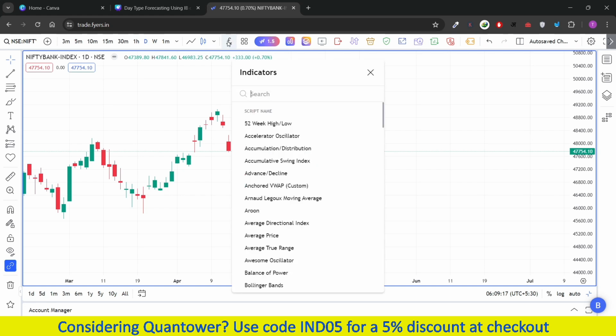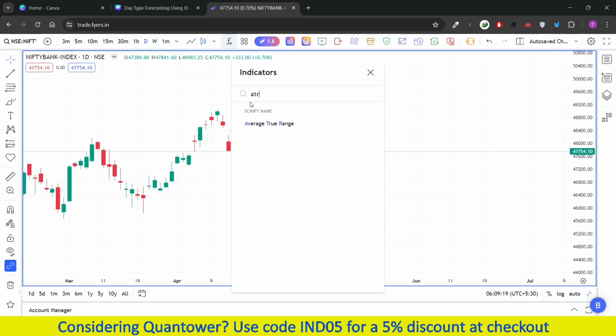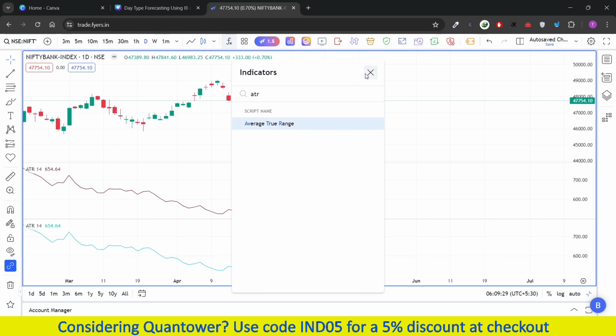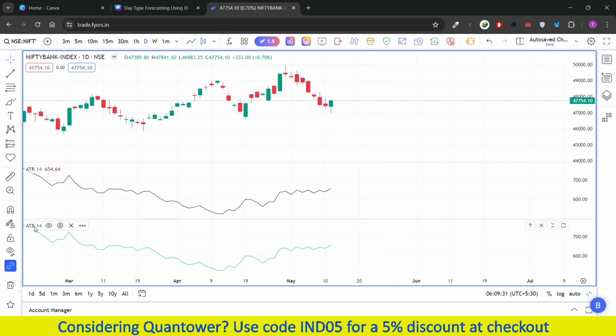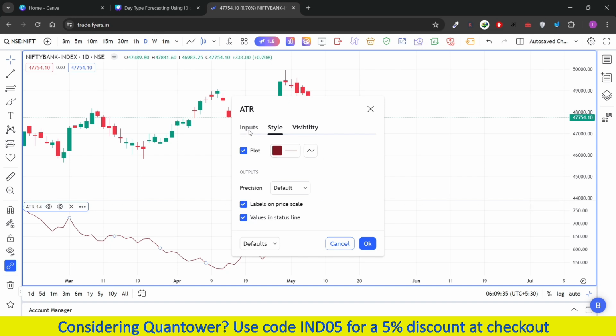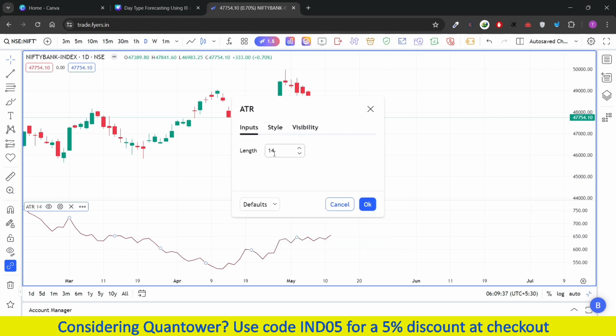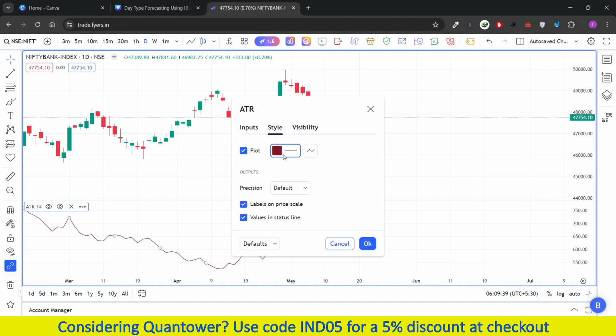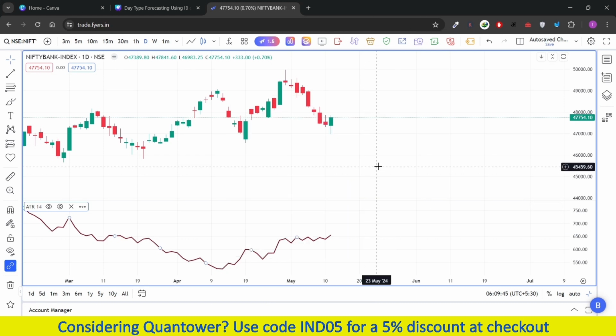After that you come to the indicator section, and most of the brokerages and trading platforms will have this indicator. Simply click on it, and if I talk about the settings, you just need to input 14, which is the default value, and you can increase the line width if you want, and everything else is the default setting.